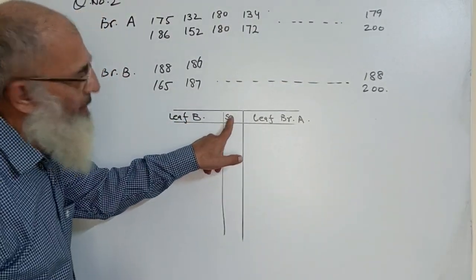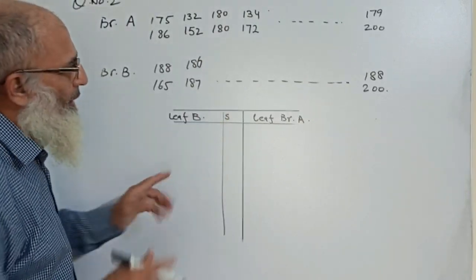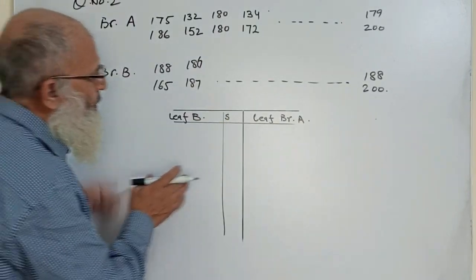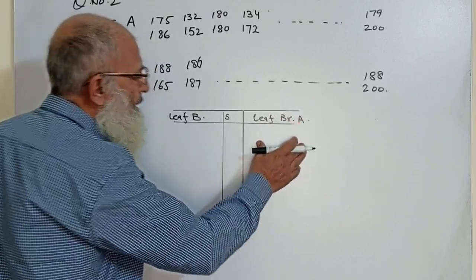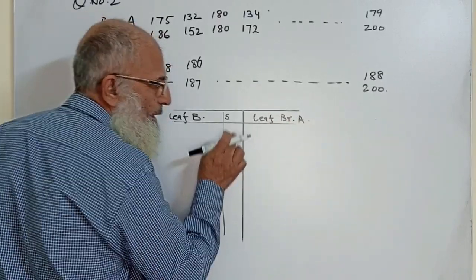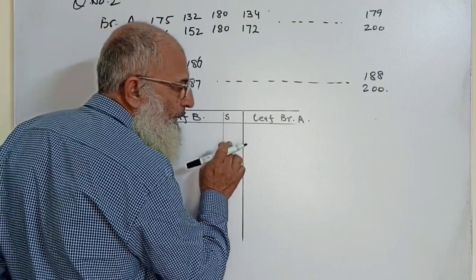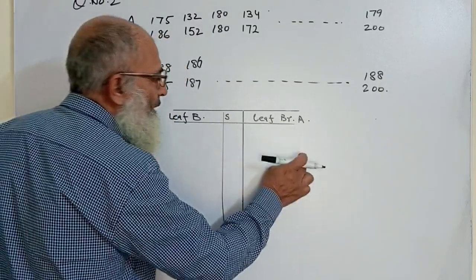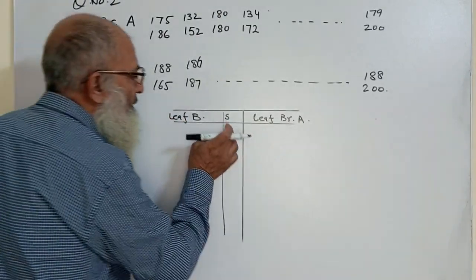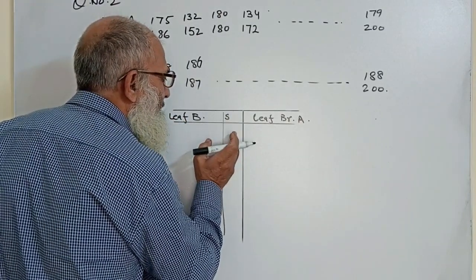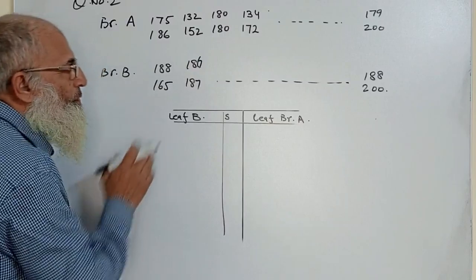Now this is the stem for both, and you know what I told you: when you read the data for A, you start reading from left to right, and when you read the B data, you start reading from right to left.